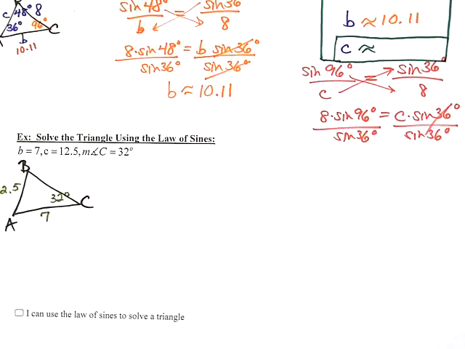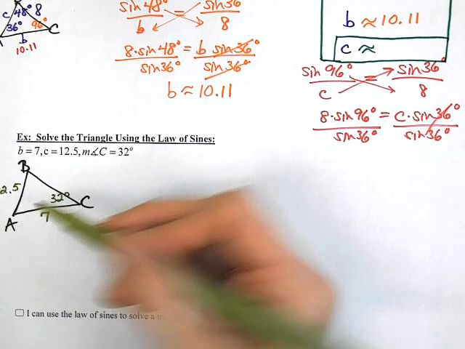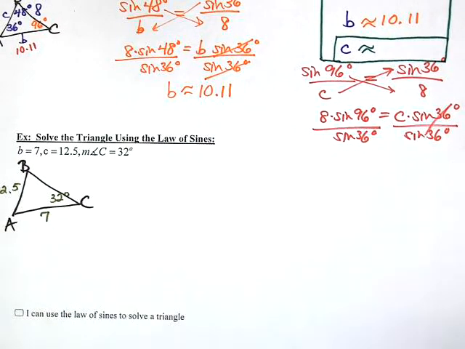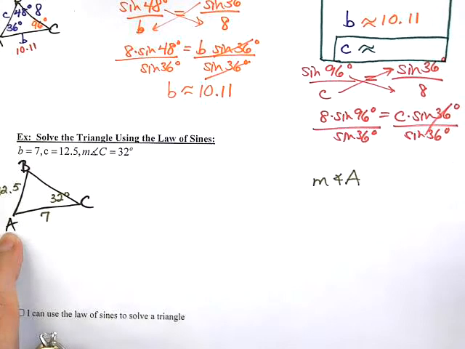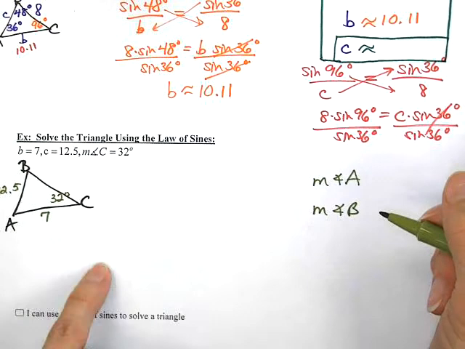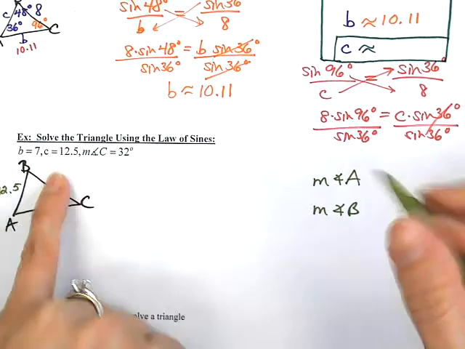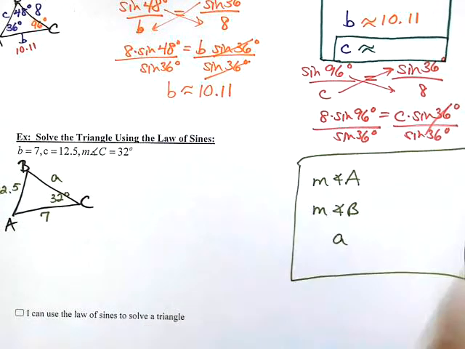Okay, I don't think we can do that fun thing where we subtract to find missing angles. So I know that we need to find measure of angle A. That's one of the things. We also have to find the measure of angle B, and we're missing side A. So here's the 3 things we have to find. That's my to-do list. Which one should we find first?